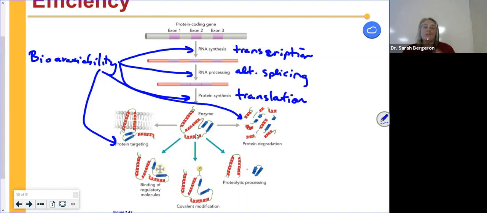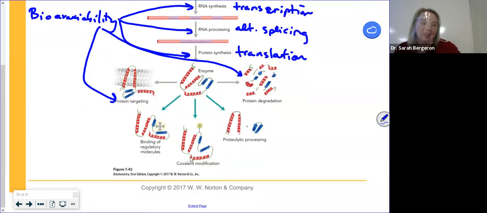So all of those things that regulate bioavailability are covered in like the last 4 chapters of the textbook that we're not going to get to in this class. Shucks. But if you take biology classes, you go over all those things, right? Those things, except for really protein degradation. Everything else is covered in your like molecular biology and genetics, right? Most of it is. Okay, so how about catalytic efficiency?